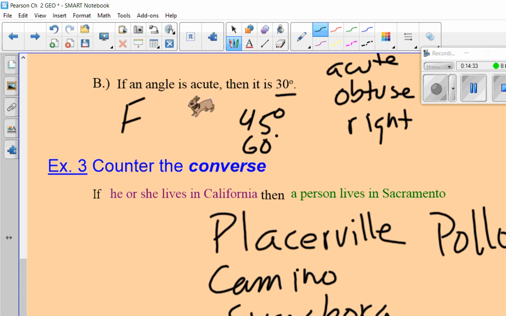Those places are all in California. If a person lives in California, then the person lives in Sacramento. Well, I can live in other places in California. So that statement as a converse is going to be false.